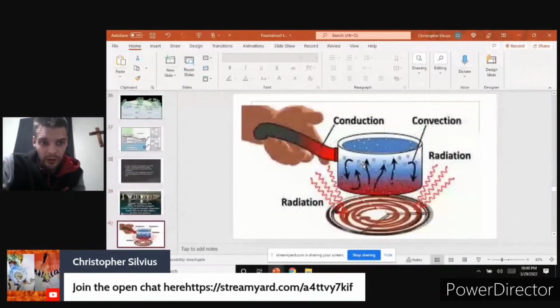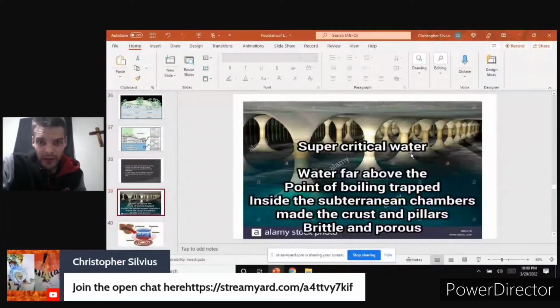It would kind of look like this, and over time, right before the flood, the water underneath it, because of the tidal pumping effects, has heated these pillars and heated the water in these subterranean chambers to a point where it is far above boiling. So it's called supercritical water.